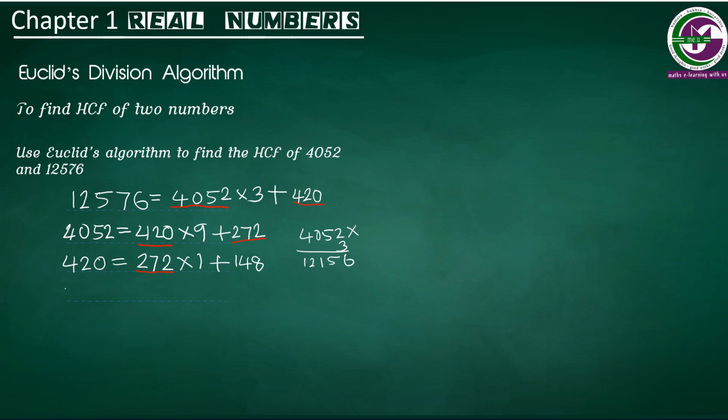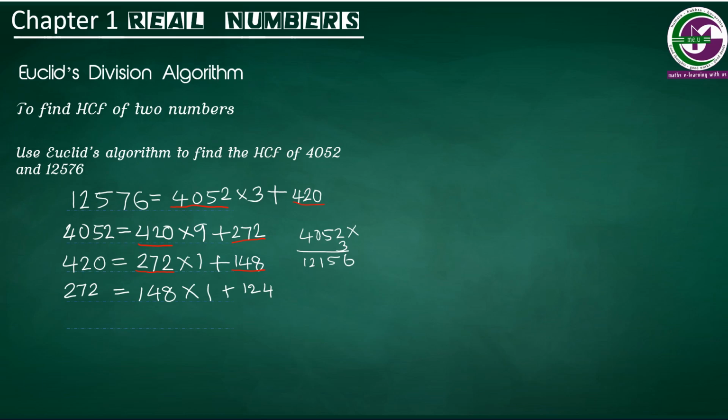So this is 272 equals, we'll take the remainder of the previous line, that is 148, as the divisor of the new line. 148 times 2 is 296, nearly 300. So it is more than 272, so you can write only 1 here, and it will leave a remainder 124.